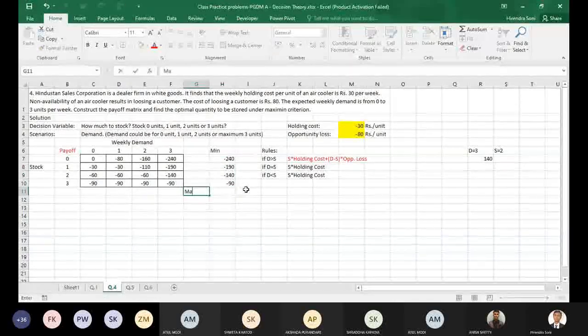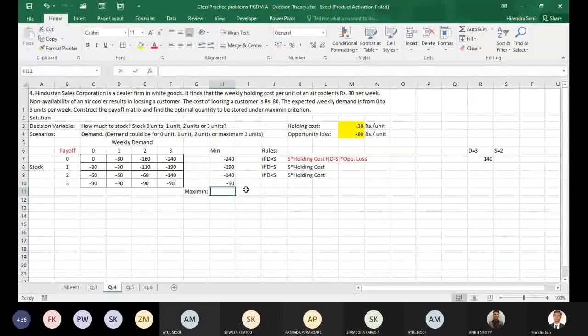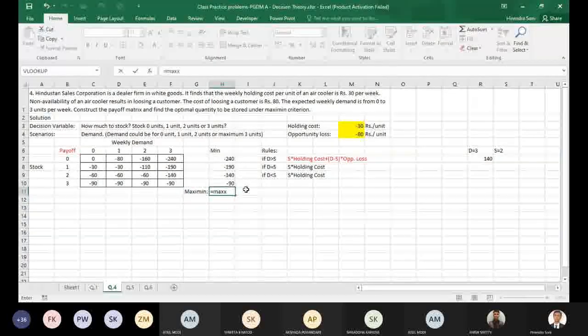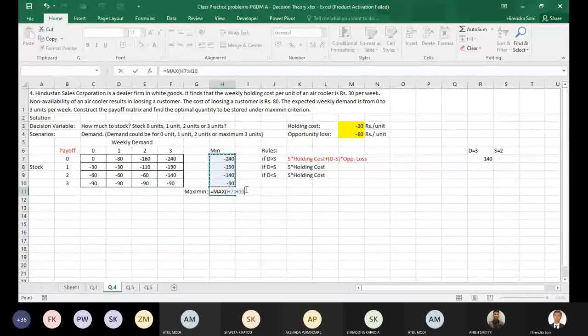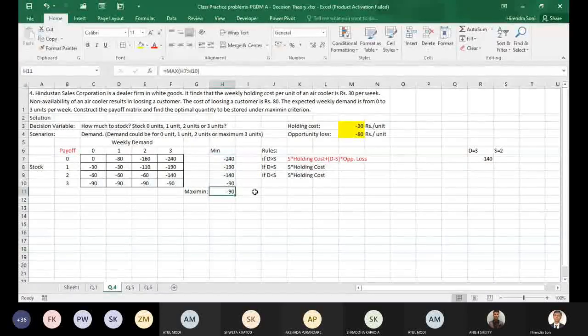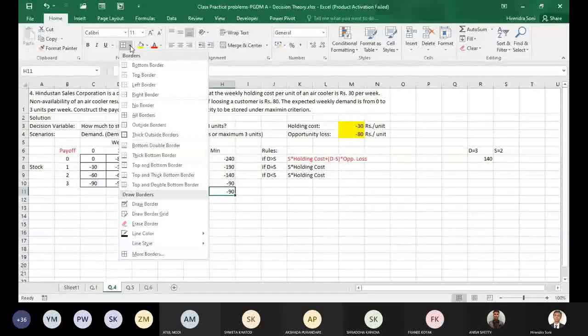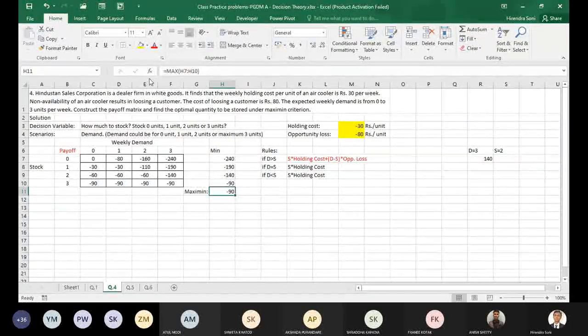And when we say maximin would be equal to maximum of all. So when we say maximum of all, so minus 90, that means my decision is to stock 3 units. Okay, are we clear?